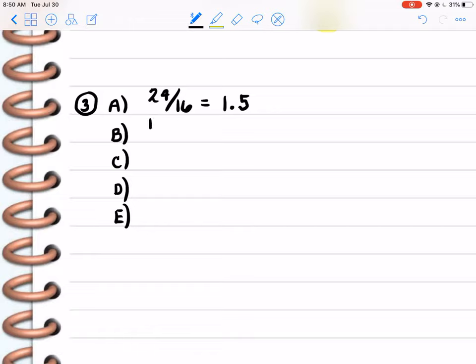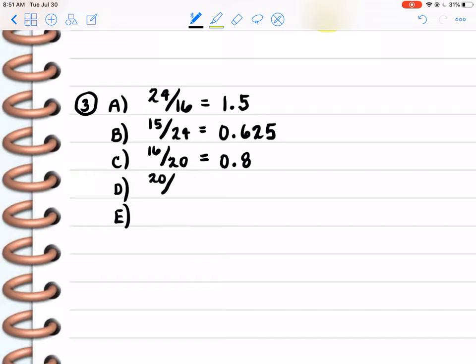Pigs to cows. That's 15 pigs to 24 cows. Put that in your calculator. So if I look at those two, I can tell that A is bigger than B. Chickens to horses, so 16 over 20, divide it, and you get 0.8. So far A is still the largest. Horses would be 20 to pigs, 15.